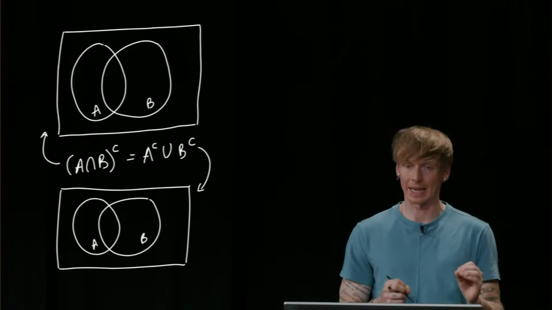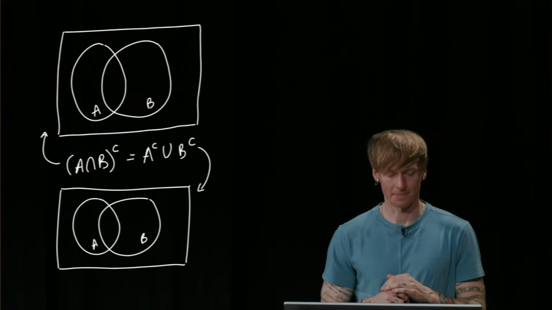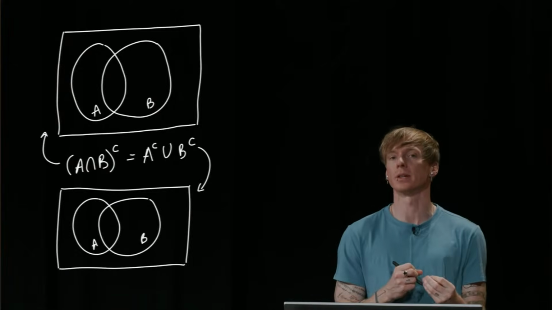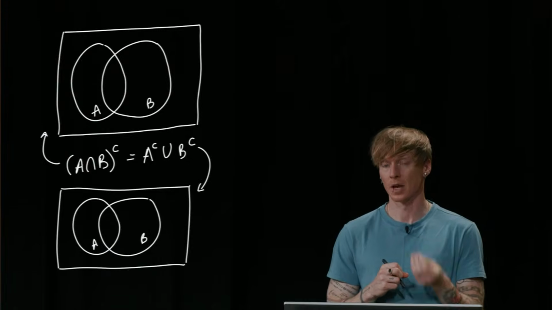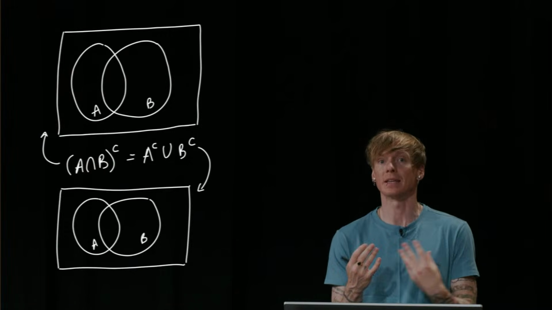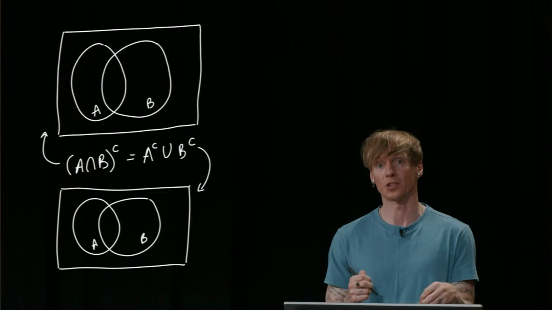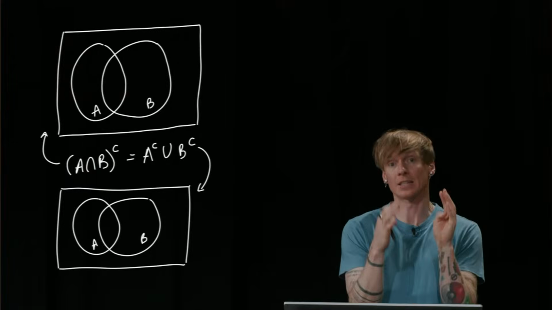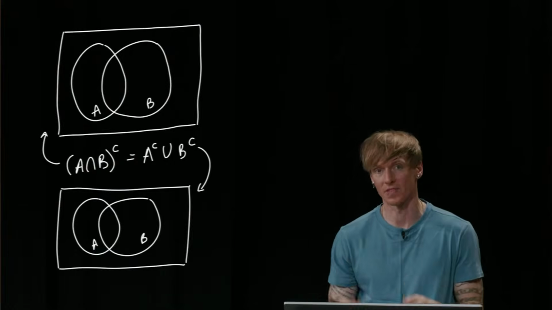So we will begin with the left-hand side, the top diagram. So we want the complement of the intersection. So if we think about, well, what is the intersection? The intersection of A and B is going to be the overlapping region. And then the complement is going to be everything outside of that.